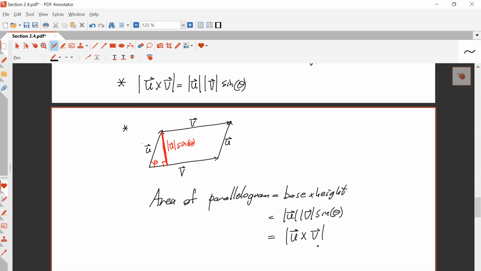So the area of that parallelogram is encoded by the cross product. Again, pretty neat. You don't have to fuss with sines and cosines in order to calculate the area of that parallelogram. We don't need to do any angle calculations. It's built into the component definition of the cross product.